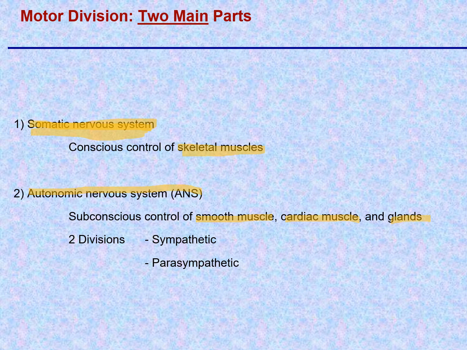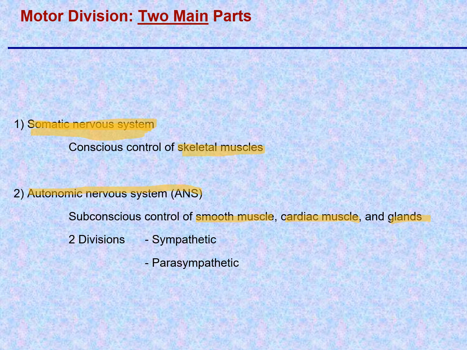So you get a stimulus coming in to your central nervous system, you process it, and you decide that some action needs to be taken. Then it'll have an efferent outgoing signal through the motor division. If it's a signal that's conscious, that you're aware of, it'll be going towards skeletal muscle, so that's the somatic nervous system.